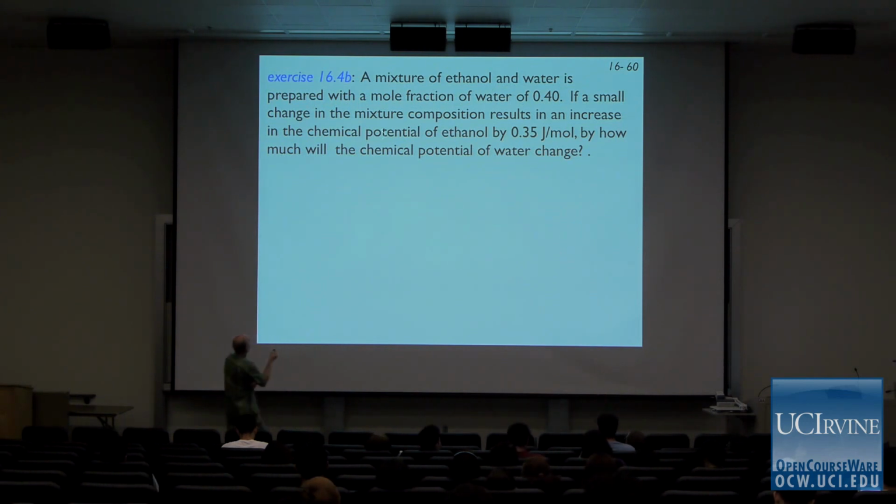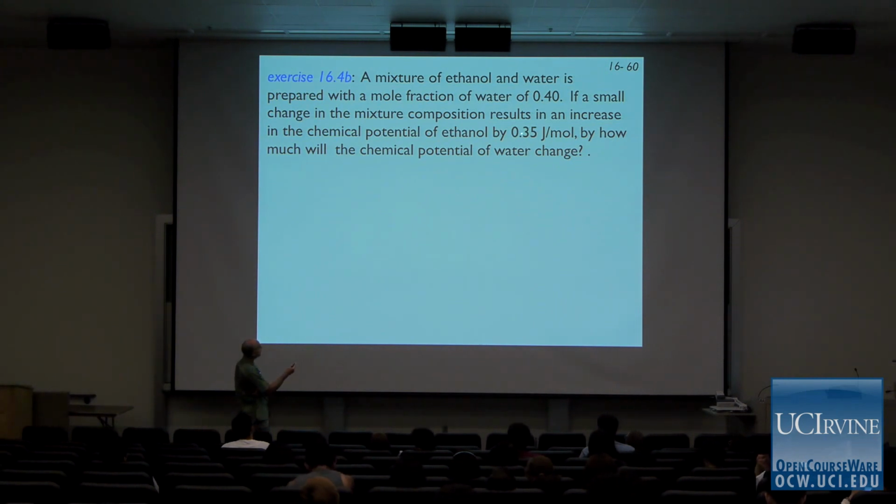So, a mixture of ethanol and water is prepared with a mole fraction of water of 0.4. If a small change in the mixture composition results in an increase in the chemical potential of ethanol by 0.35 joules per mole, and I don't know how that would be accomplished, but hypothetically, if you could increase the chemical potential of ethanol by 0.35 joules per mole, by how much will the chemical potential of the water change?